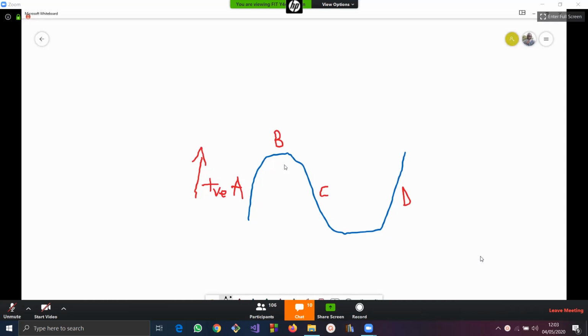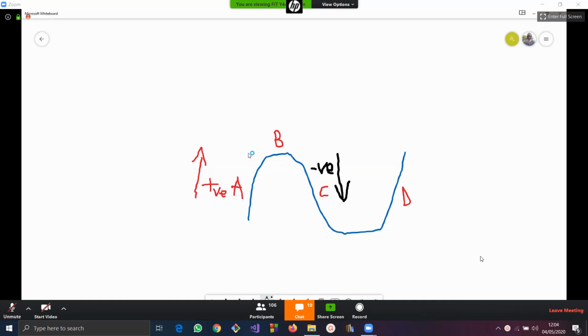Yes, Isaac. Good. So the curve is going downhill, and the slope is negative.